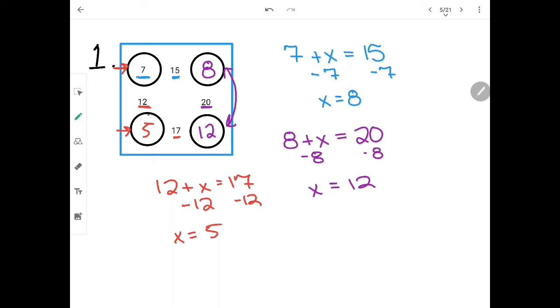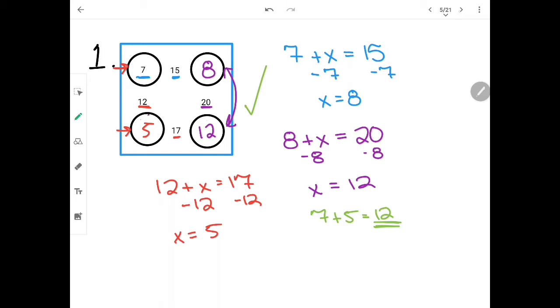So the best way to check would just be to do 7 plus 5 equals 12, and you can type that in your calculator. I'm going to do that real quick, and we have 12, which means that our bubble chart is filled with all of the correct numbers.